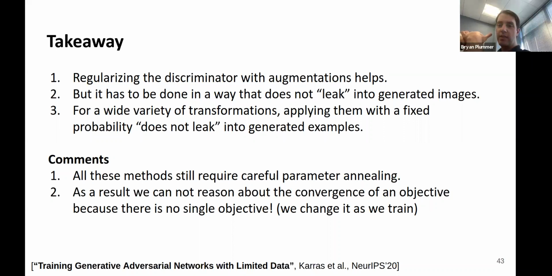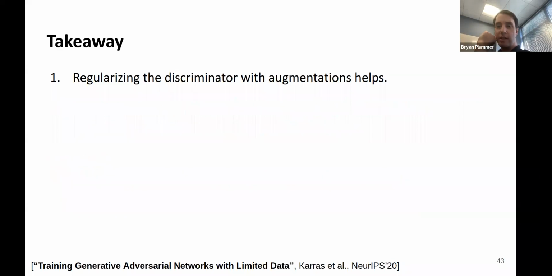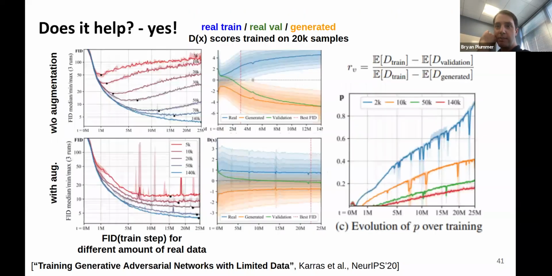So yes, I have a question on this one. Here it's essentially, as you said, trying to make the argument that if we regularize the discriminator with some augmentations, it'll help performance. But in the previous slide, when you were getting results, you were basically comparing with augmentation and without augmentation.